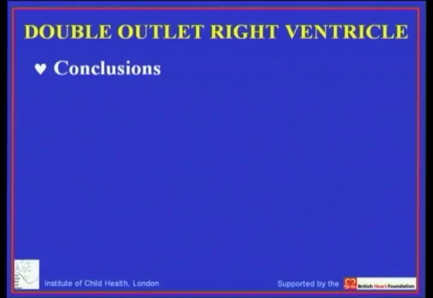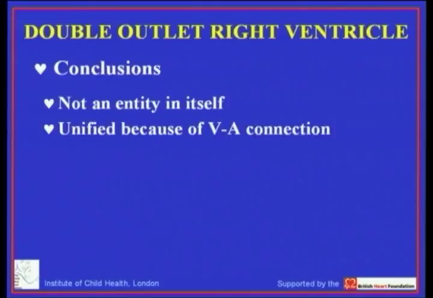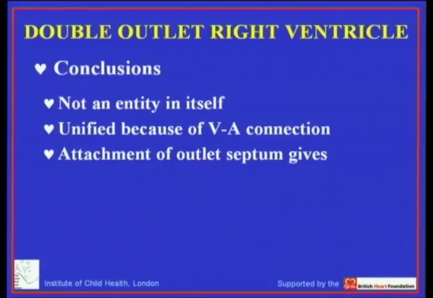So what we've tried to show you over our last three presentations is that double outlet right ventricle is not an entity in itself. It is a heterogeneous group of phenotypes that are unified because there is the same ventriculoarterial connection, namely the greater part of both arterial trunks supported by the morphologically right ventricle.